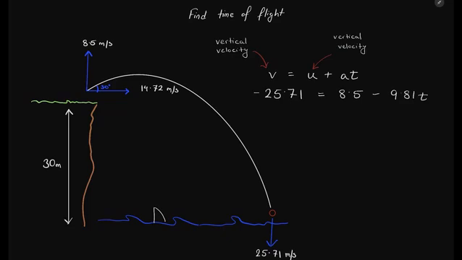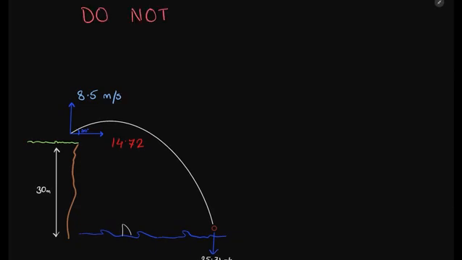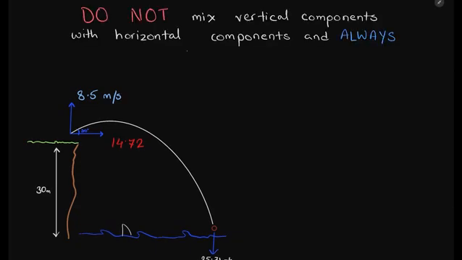That is why you can see the two different vertical values have two different signs depending on which side they were pointing at. If you want, you can switch the signs too, but make sure that the signs are different as they are pointing in different directions. The answer comes out 3.49 seconds. Please remember, do not mix vertical components with horizontal components and always maintain directional sign.